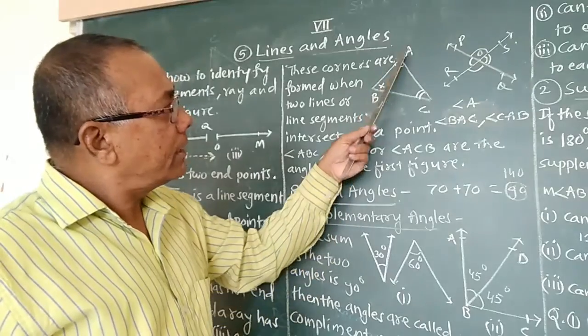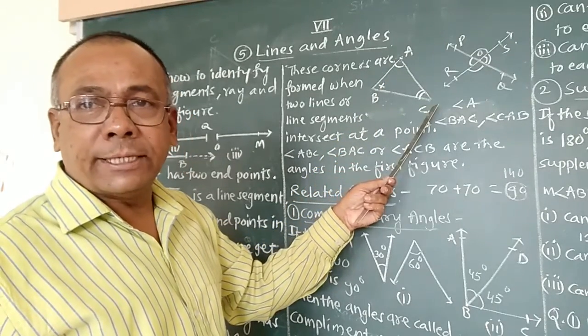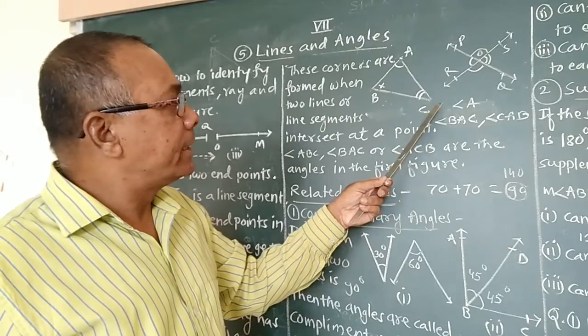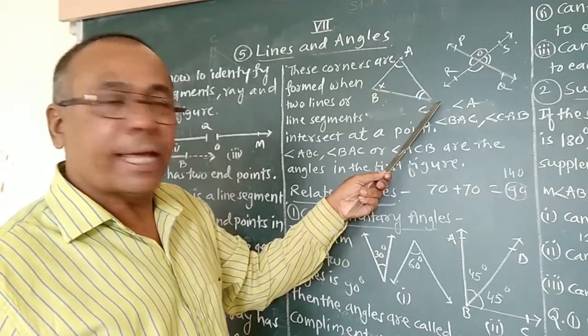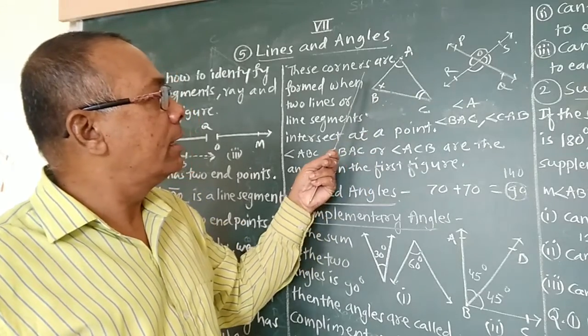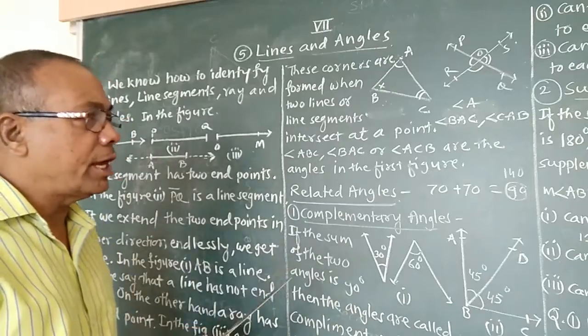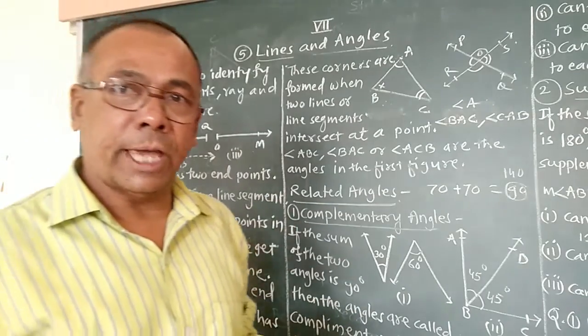Similarly, AC and BC, two line segments meet at C, and therefore we get angle C or angle ACB or angle BCA. In this way we can denote the angles.